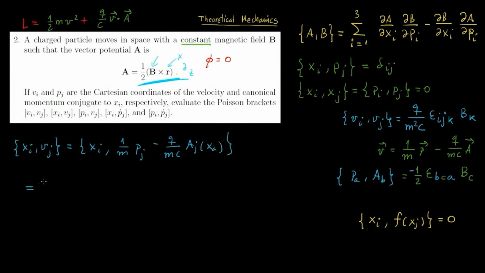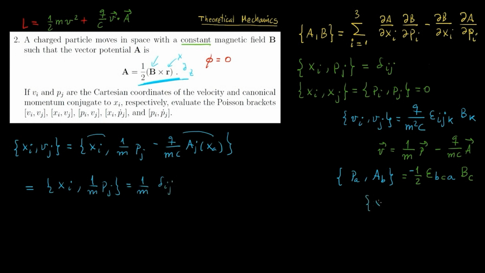So the only term that survives here is the first one with the first one of the second term, because this with this by this property is 0. So this is 1 over m, {x_i, p_j} is delta_ij. So that's it. Poisson bracket {x_i, v_j} equals delta_ij over m.